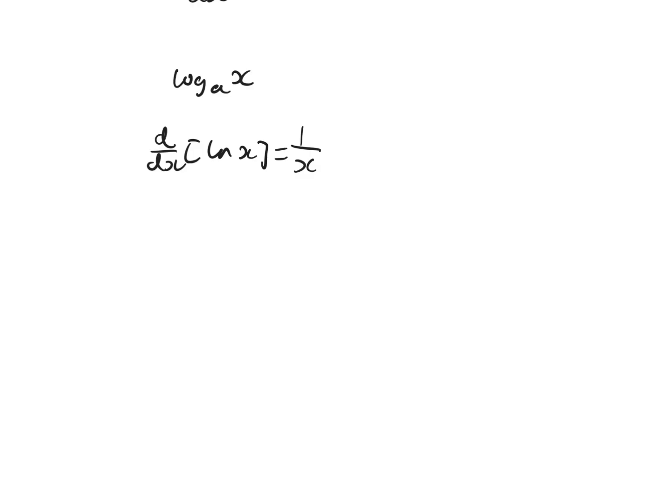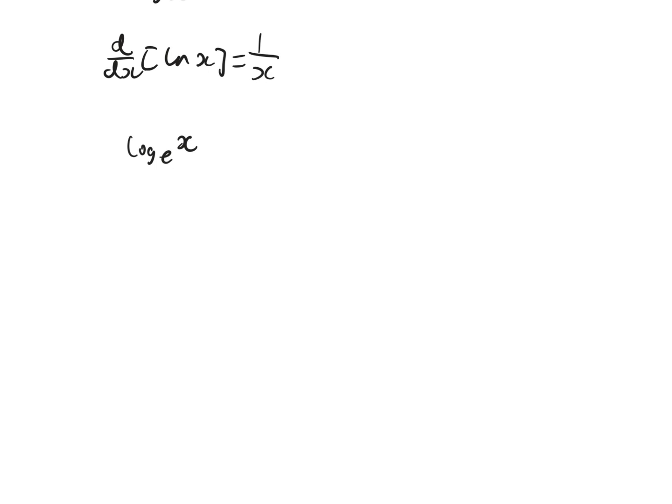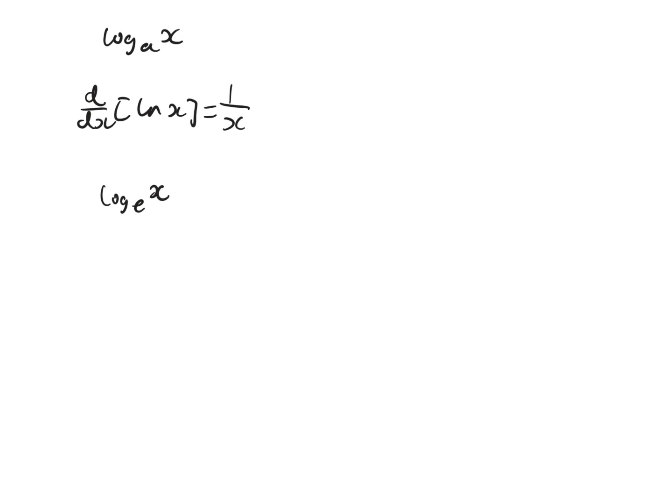So basically, natural log of x is this. Now using the base change formula, what we can do is change this base e into something else, right? Just keep this in mind for now. Okay, let's look back at our problem. We are taking the derivative of this.